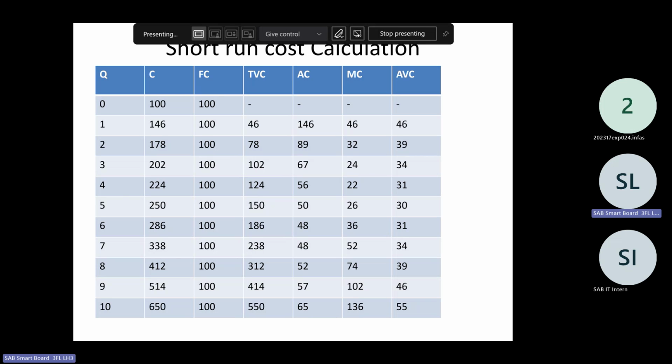So you see the U-shaped curves. Now here the marginal cost is initially high, comes to the minimum and then increases.